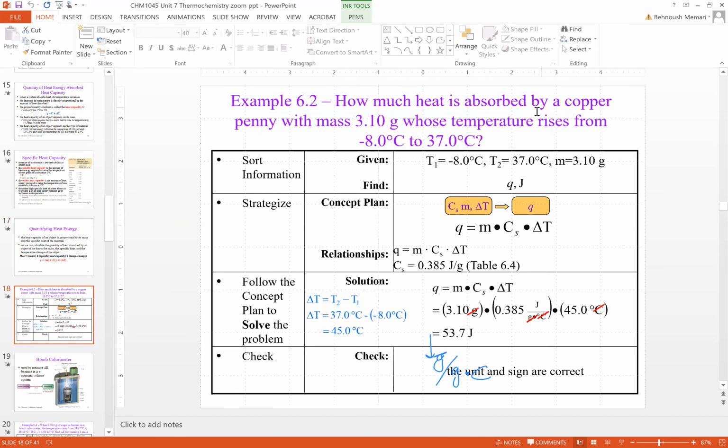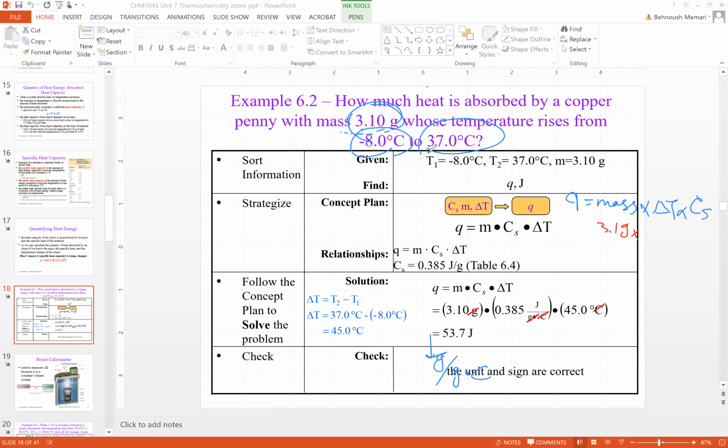How much heat is absorbed by a copper penny with a mass of 3.1 gram, whose temperature rises from -8 to 37 degrees? So if you have the formula Q equals mass times change in temperature times specific heat, see what information we have here. We have the mass, 3.1 gram.